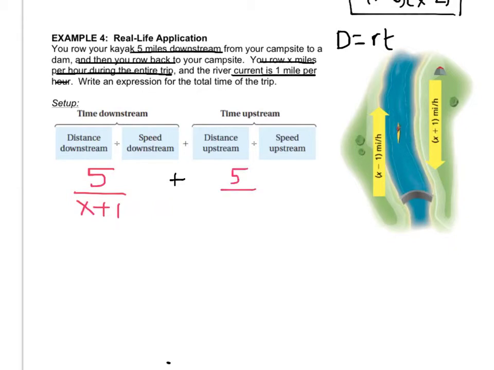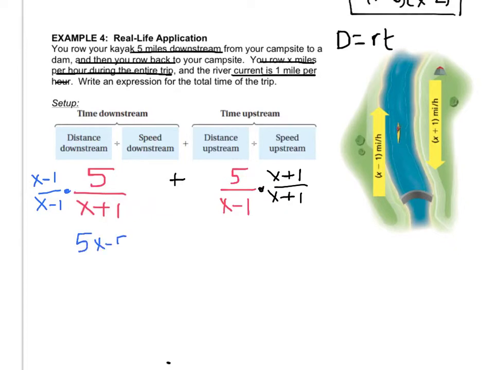And the speed upstream was x minus 1. So I have to get a common denominator. They don't really have anything in common, so I have to multiply this by x minus 1 because that's what the other one had. And this is going to multiply by x plus 1 because that's what the other one had.